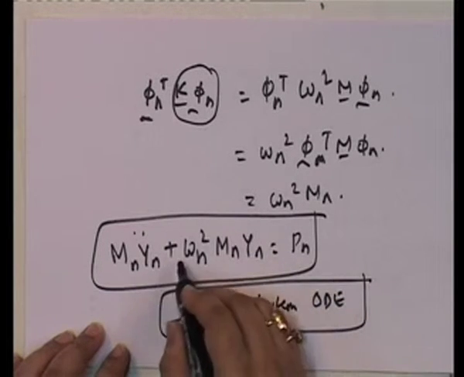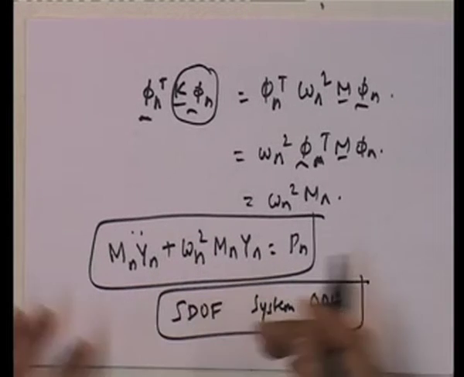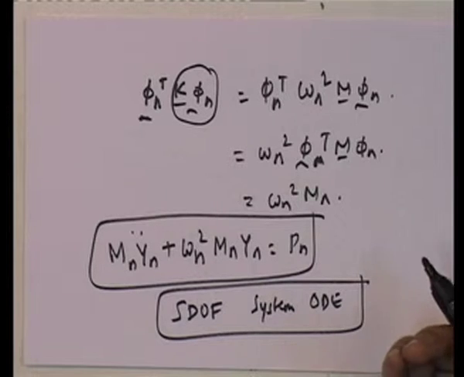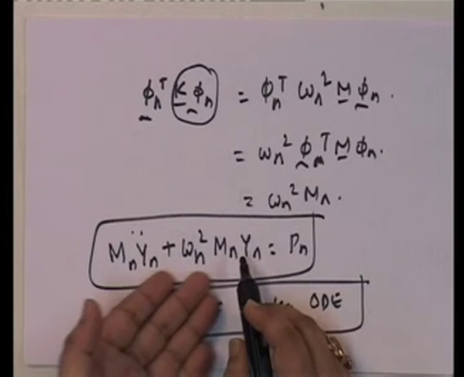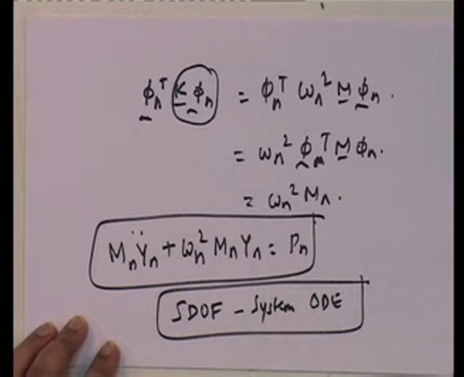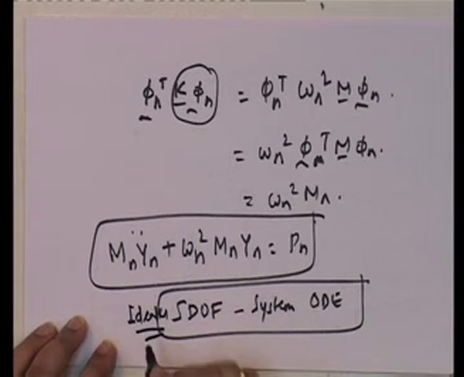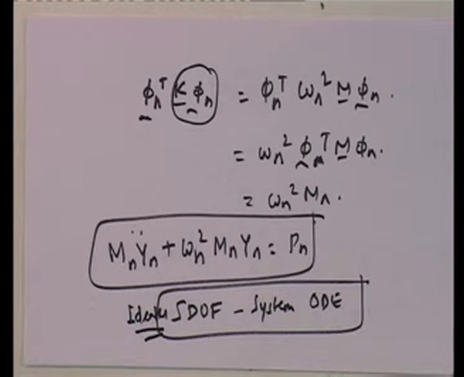K is equal to omega squared m, because k upon m is equal to omega squared. So, I could substitute in this way. If you look at this, this is identical to a single degree of freedom system.